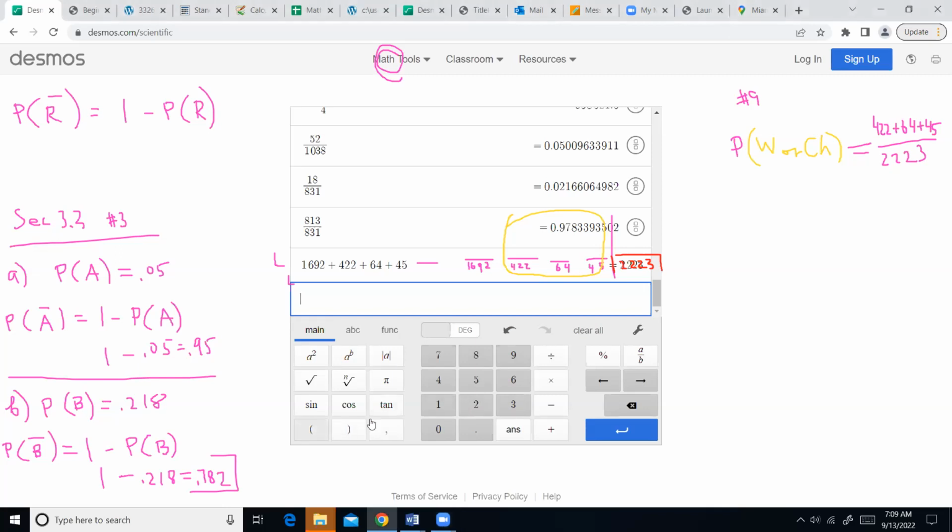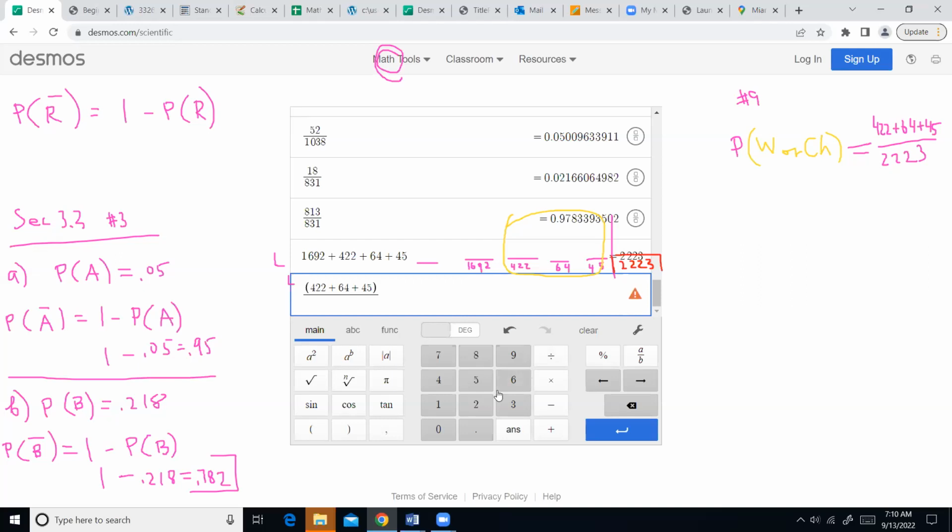So I will put parentheses around numerator, 422 plus 64 plus 45, and I want to entirely divide that by 2223. So we get some answer, which is 0.2388, whatever this means. So you can see about 24% were women and children on that Titanic.